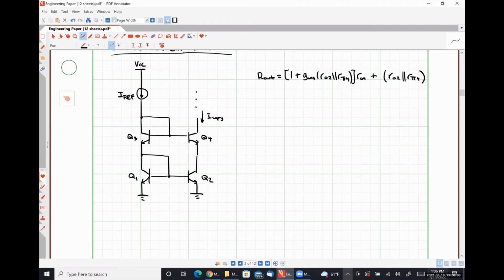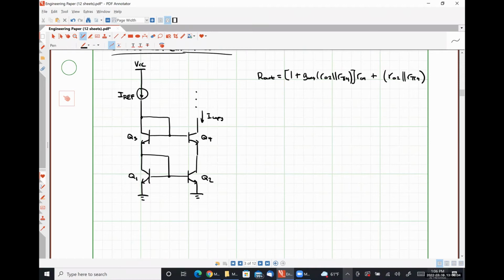And so we can see that we're applying an additional 1 plus GM4 times R02 in parallel with R pi 4 of output resistance, or that many times what we would have with just a simple current mirror, okay? So obviously we get a large output resistance because that is literally the purpose of cascoding.